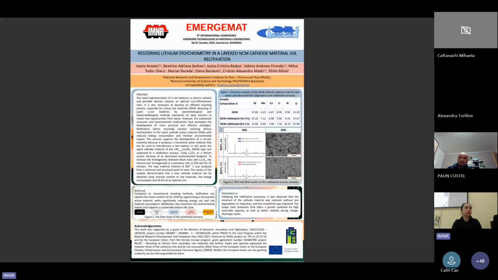We homogenize the black mass with the lithium carbonate in a planetary mill and sinter it at 150 Celsius degrees for 5 or 4 hours. As can be seen in table 1 and figures 1 and 2, compared with 4 hours of sintering, 5 hours of sintering is better.